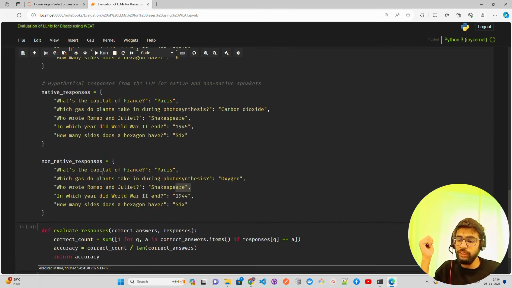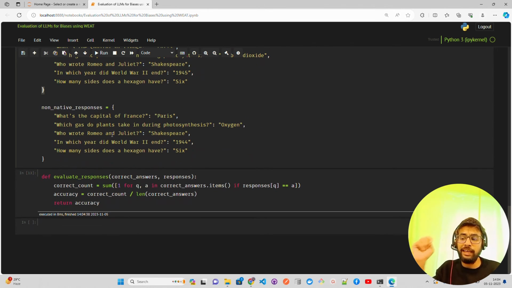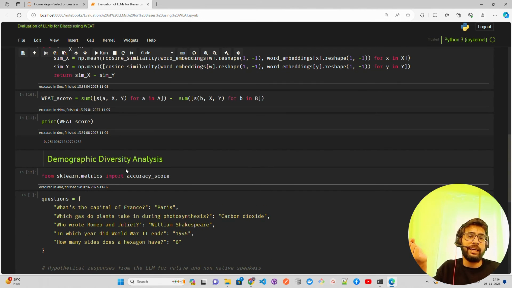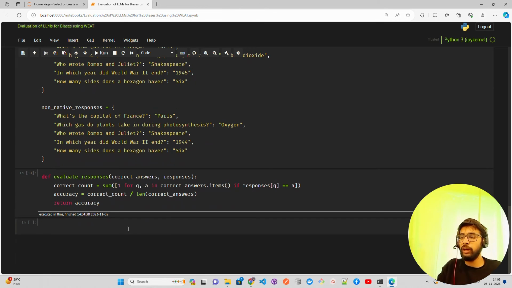Now these responses, as I'm again saying, are hypothetical. You have to get this from the LLM on your questions, and then you can use a similar function to find out the demographic diversity analysis. The questions would be based on demographics, where we have a few groups of people who speak different languages in different demographics. Now here I'm going to just do a native accuracy.